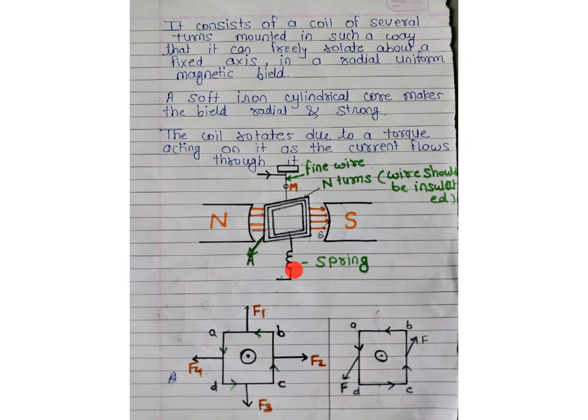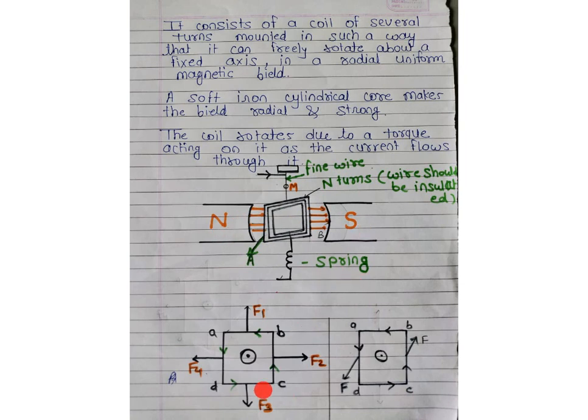If we place this coil like this, it consists of N turns. This is the fine wire. This is the north pole, south pole, and a spring.